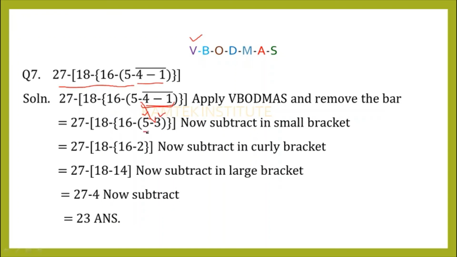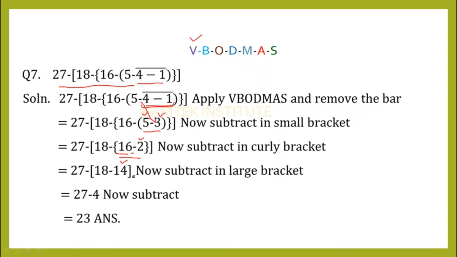Next step, we open this small bracket. We write down 27 minus large bracket 18 minus curly bracket 16 as it is, this minus sign as it is, and 5 minus 3 we get 2, and we are left with the curly bracket and the large bracket. Now we'll open this curly bracket. In the next step, we have 27 minus large bracket 18 minus 16 minus 2 is 14.